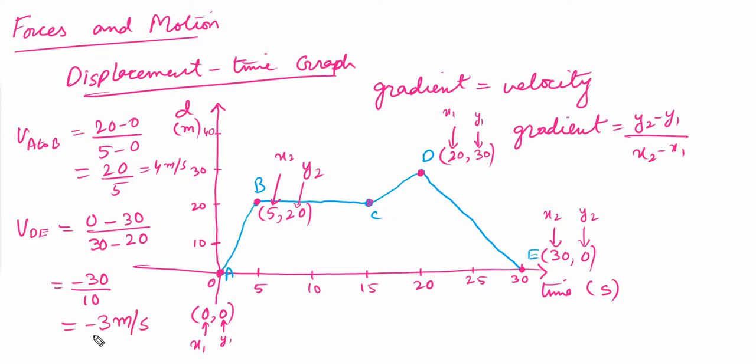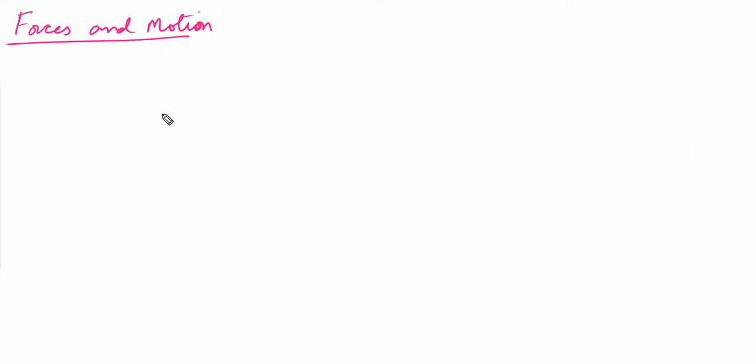Now this minus sign is showing the direction of the velocity, because as we have discussed that velocity is a vector quantity, so this minus sign will tell us that the direction of velocity is opposite. So this is how we can use the displacement time graph to find out the velocity between any 2 points. Alright, so after the displacement time graph, we'll discuss about the velocity time graph.